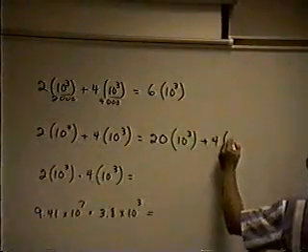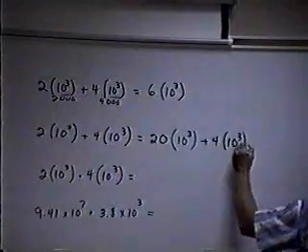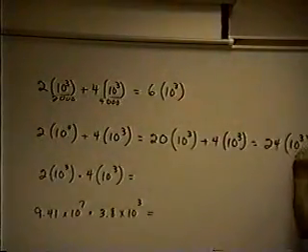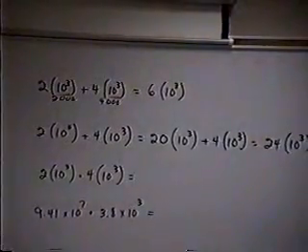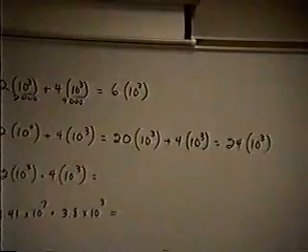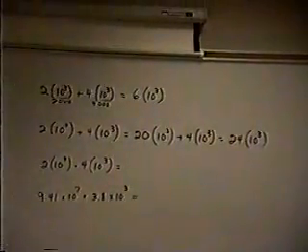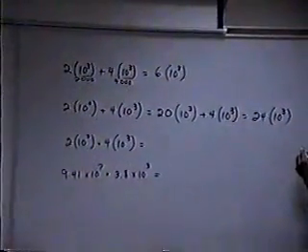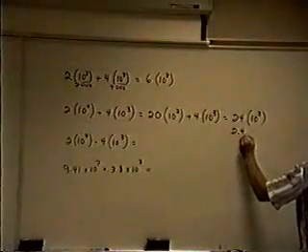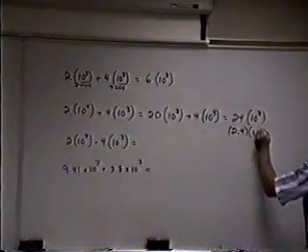Plus 4 times 10 cubed, and now that adds up to 24 times 10 cubed. Okay? Or we could write this as 2.4 times 10 to the 4th power.